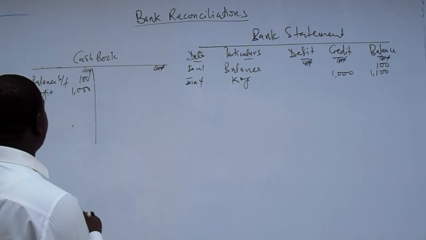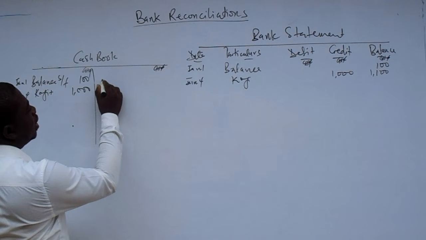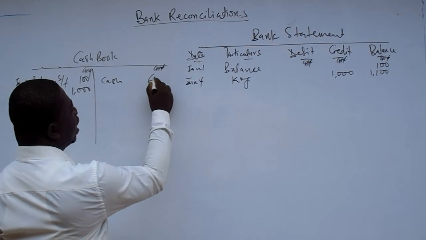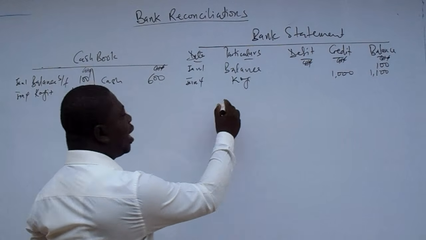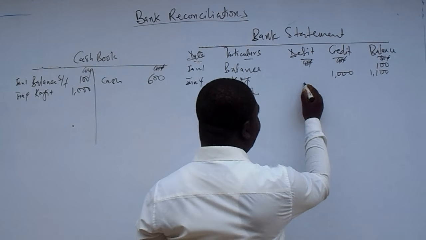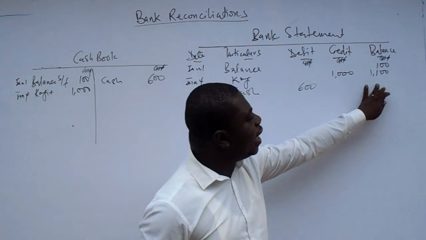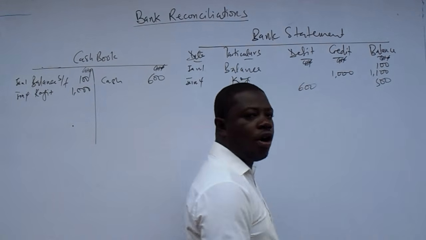Now, let's say we go and withdraw cash of 600 from the bank. The bank is expected to show that withdrawal of cash under the debit, 600, and automatically it will update our balance to 500, because now debit is a reduction of the figure.